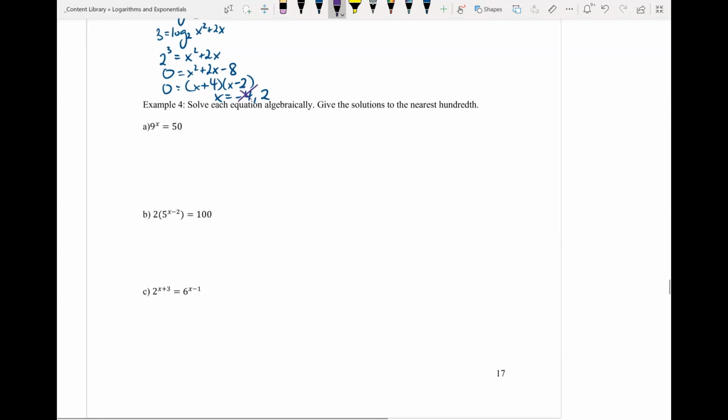I'm going to take the log of both sides. So it's going to look like log of 9 to the power of x is equal to log of 50. Now I'm going to bring down that x in front of the log.